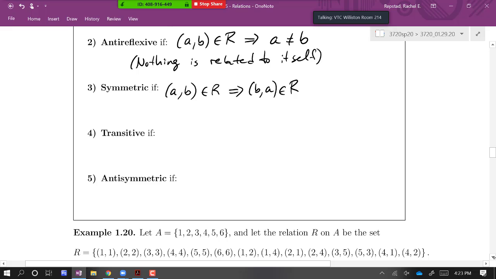Something is anti-symmetric if there is no symmetry at all. Meaning, for all A and B in our set A, if you had a case where it looked like you had some symmetry, so say the ordered pair AB is in the relation and the ordered pair BA is in the relation, if that were the case, then in fact A would be equal to B. Like when you think you have a case of symmetry, a little bit of symmetry, as it turns out, it's just reflexive.